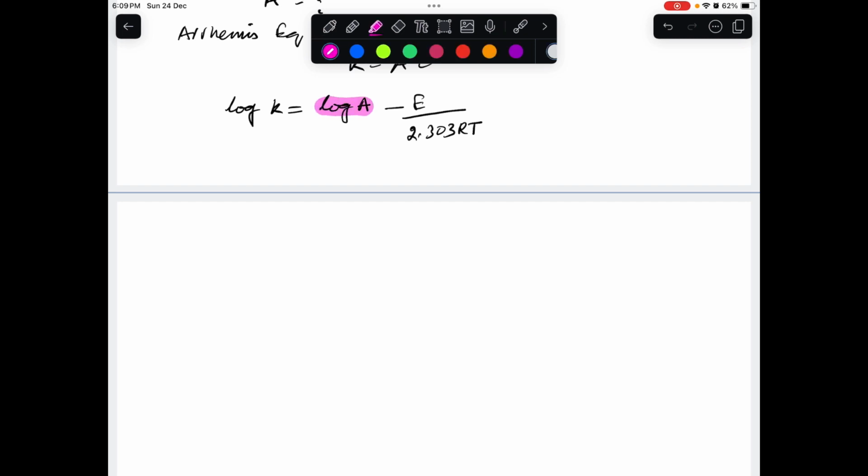Now we have to find out log A, so we will rearrange the equation. Log A is equal to log K plus EA divided by 2.303 RT. Now we will put down the values.